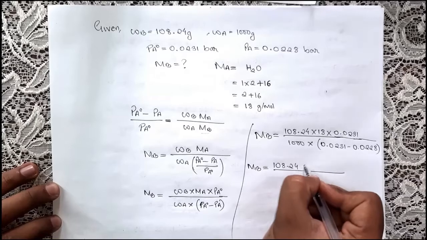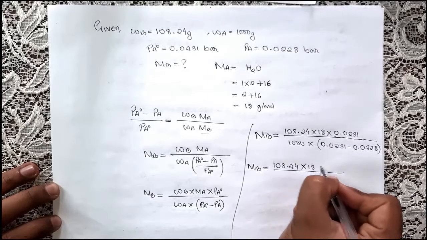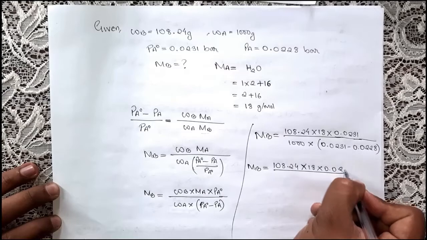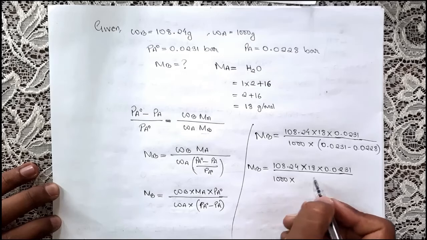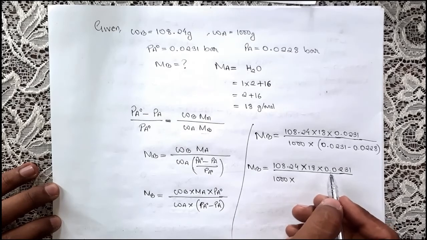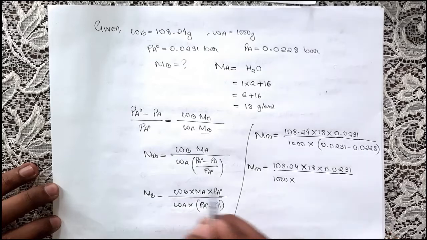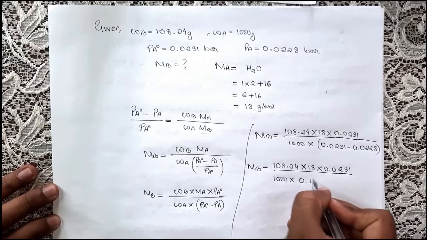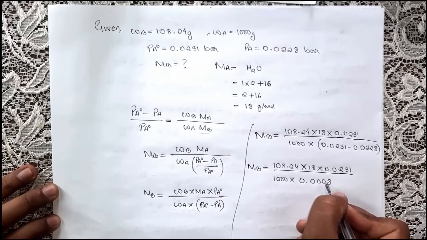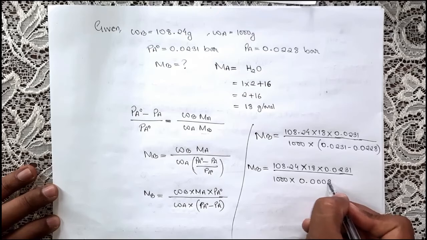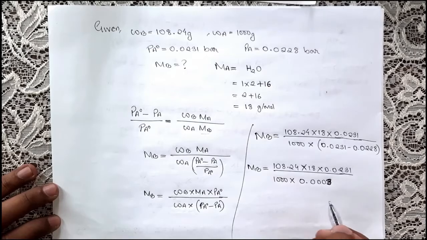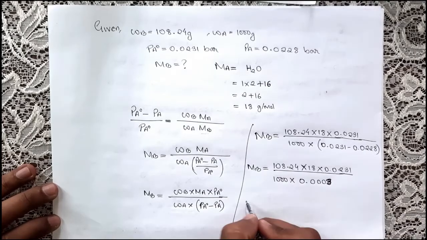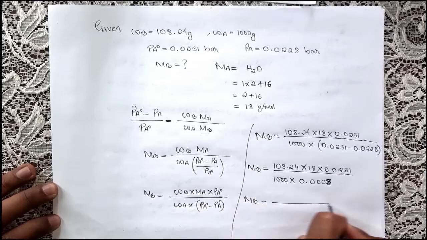So MB is equal to 108.24 multiplied by 18 multiplied by 0.0231, and then you have 1000 into, if you subtract these values, you shall have 0.0008. So 0.003. You shall have 0.003.